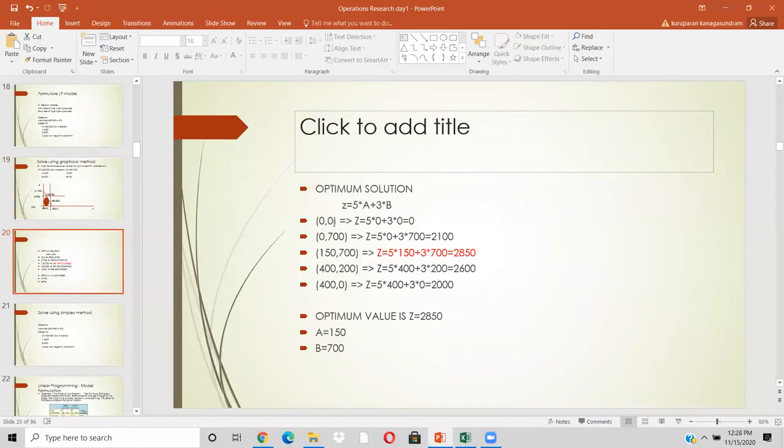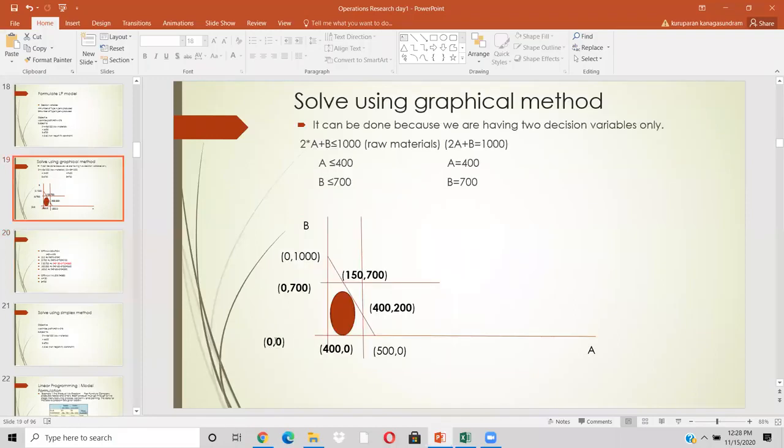Here, 0, 0. What does it mean? A is equal to 0, B is equal to 0. Here, in this point, A is equal to how much? 400, and B is equal to how much? 0. Similarly, here A is equal to 400 and B is equal to 200. Similarly, A is equal to 150 and B is equal to 700.